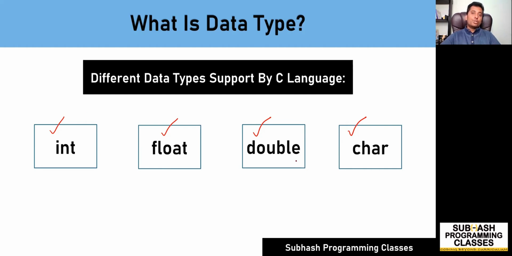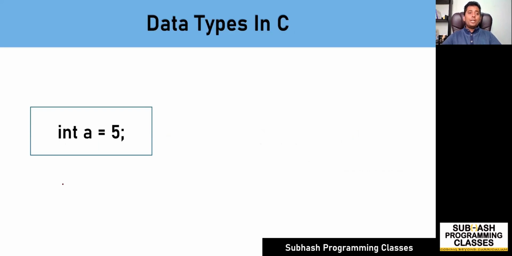So this is one part of the story. The second part of the story is to indicate how much memory has to be allocated for a variable associated with each data type, isn't it? That we'll discuss in the upcoming slide. So consider the statement int a = 5. What does the statement actually tell the compiler?